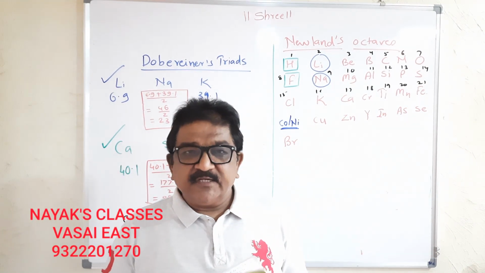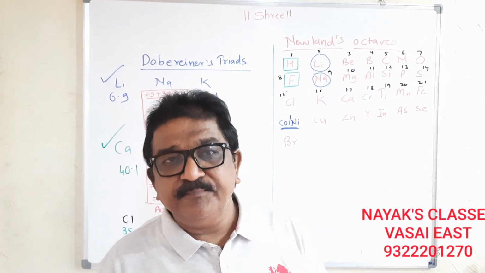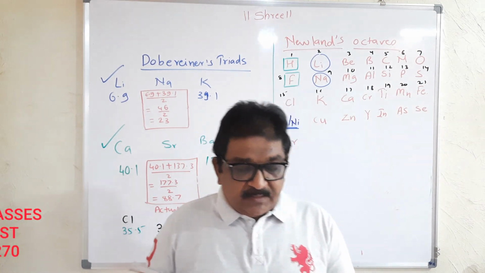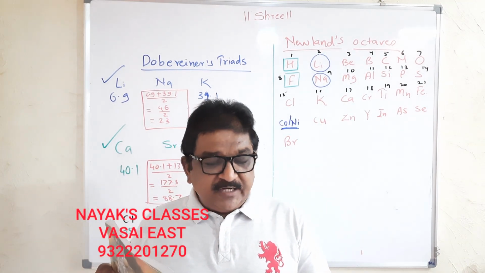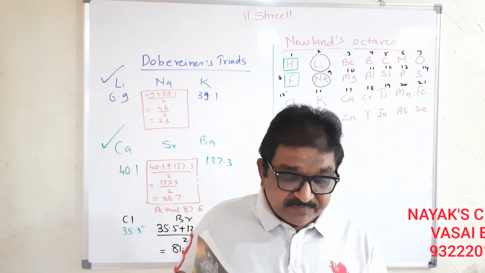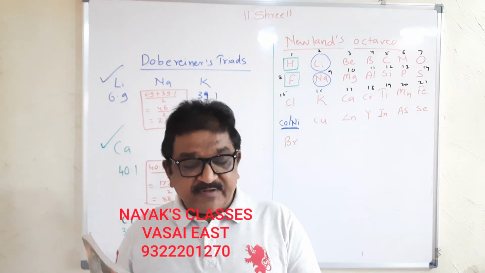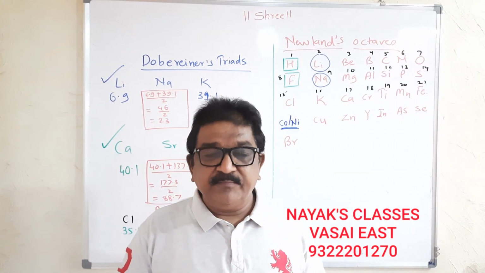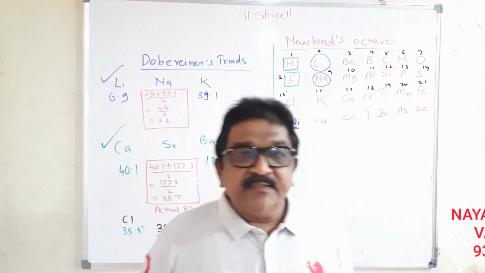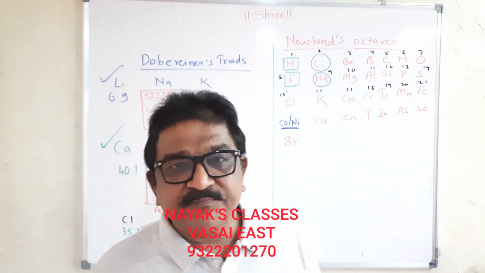Metals, non-metals, and after that there was a new addition, metalloids. As the knowledge about elements and their properties went on increasing, different scientists started trying out different methods of classification. This is the answer to the question of why it was necessary to classify the elements.